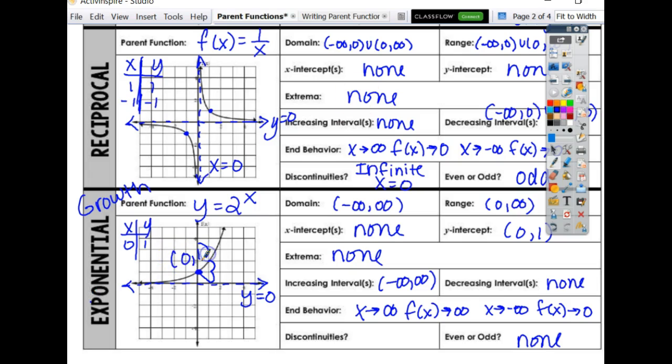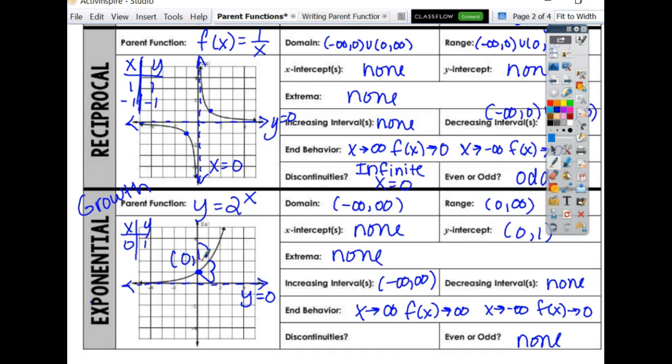Why would it always start there? It can start wherever I want it to. But it always starts here. So it has something to do with the asymptote, maybe.